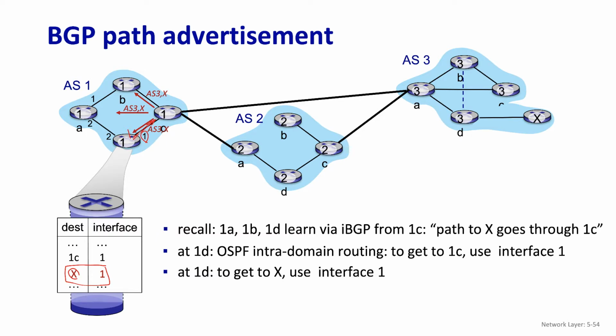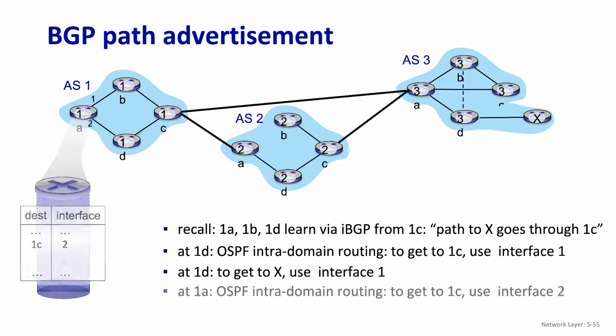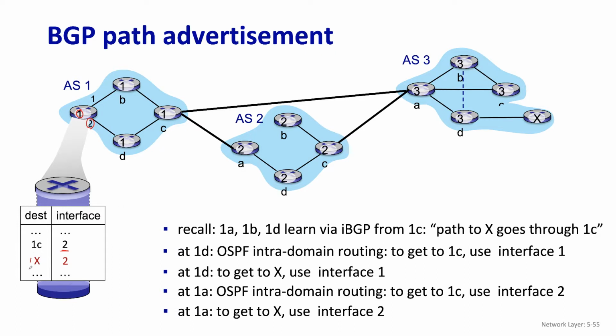Therefore, we are using this output. If we use the other one here, which is this one, for 1C we can go through interface number 2, which is this one. The same thing, X should be forwarded through the output or interface number 2.